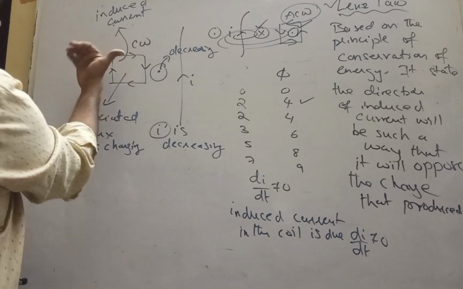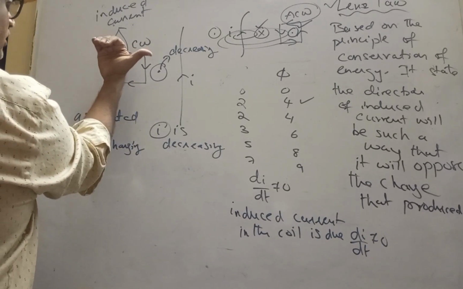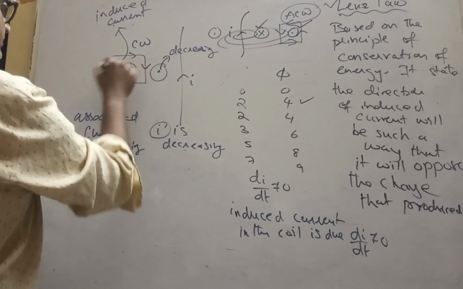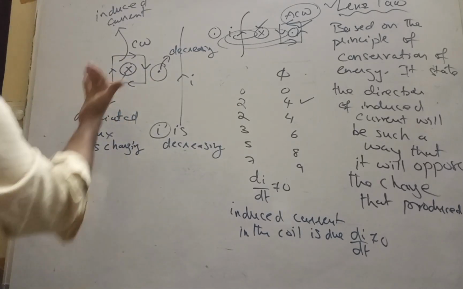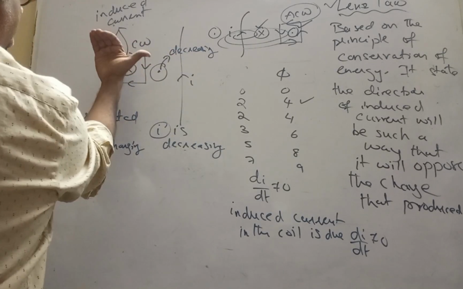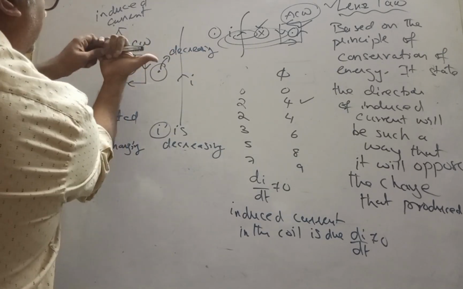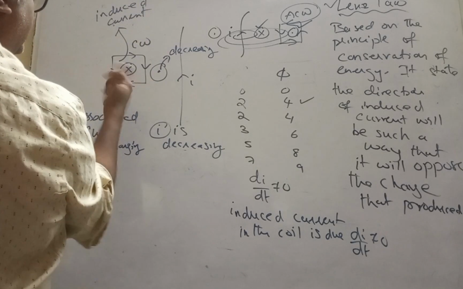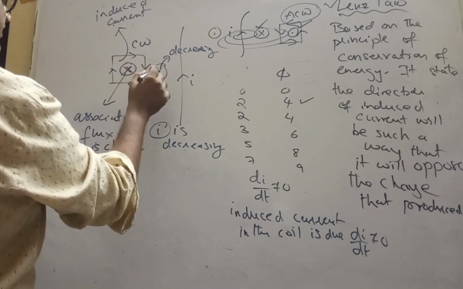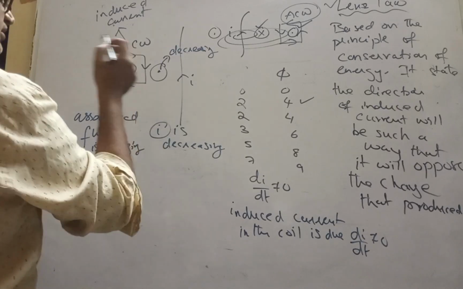See how the clockwise current creates a field like this. If you hold it like this, the fingers are curling inside, and the field is like this. Is it enhancing or reducing the existing field?